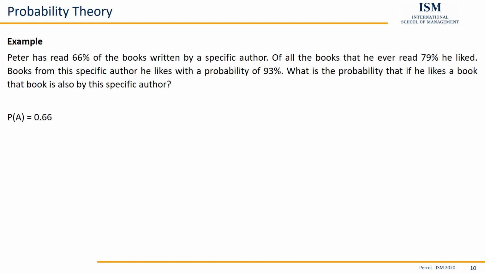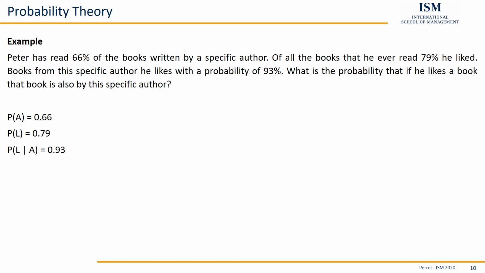First off, we know the probability of having a book by this specific author, 66%. The probability of liking any of the books, 79%. And under the condition that this book is from the specific author, he likes it with a probability of 93%.